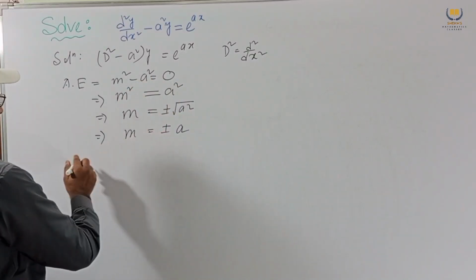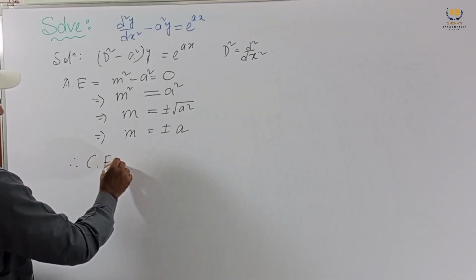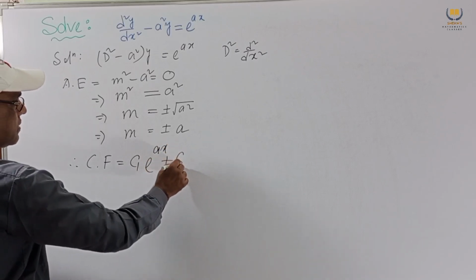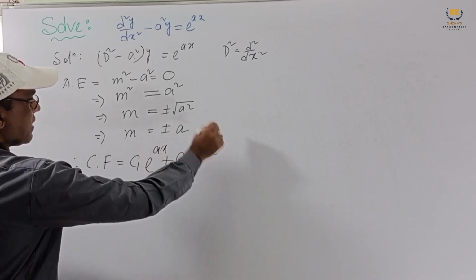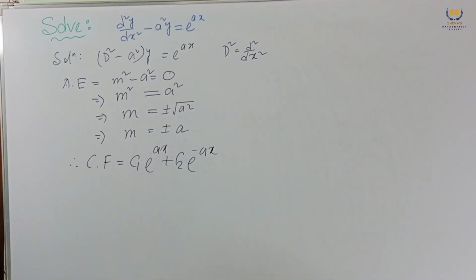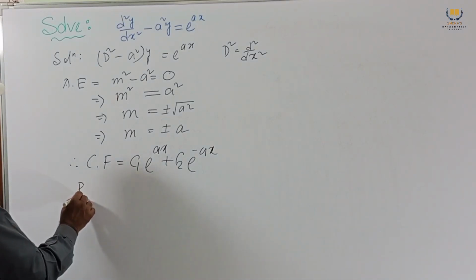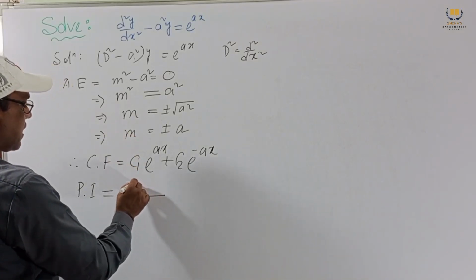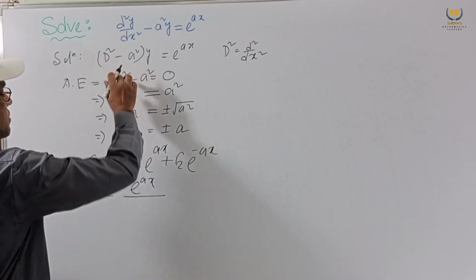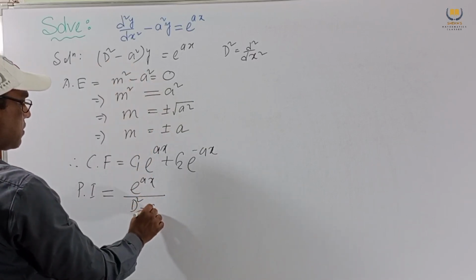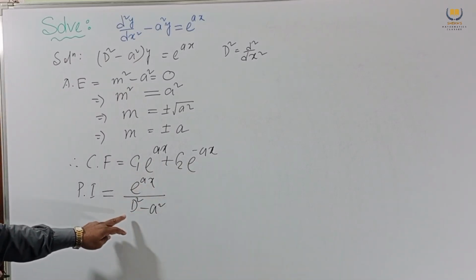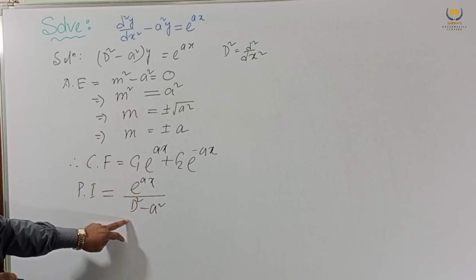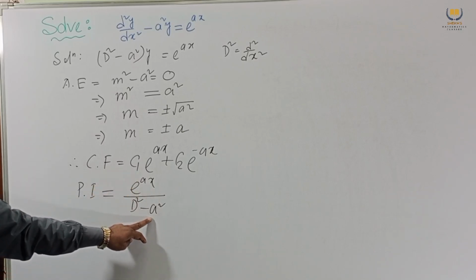Therefore roots are unequal. Therefore complementary function equal to c1 e to the power ax plus c2 e to the power minus ax. This is the complementary function. Now I have to find the particular integral, PI. PI is the right hand side by this one. Now if we put the coefficient a, putting here a square minus a square, we get denominator 0.